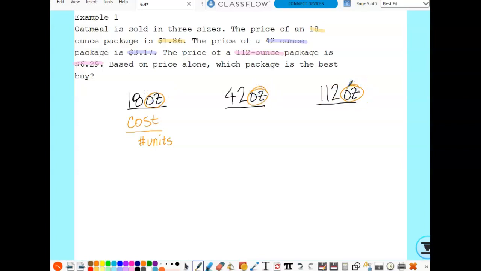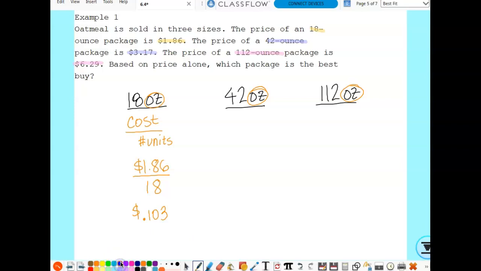For the 18-ounce, we take the cost, $1.86, and divide it by the number of ounces, 18. So $1.86 divided by 18 gives 0.103, which is 10.3 cents per ounce.